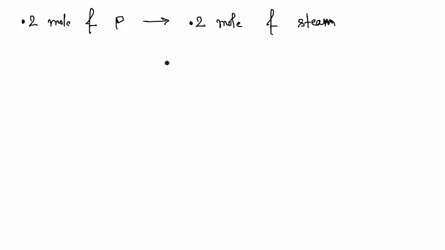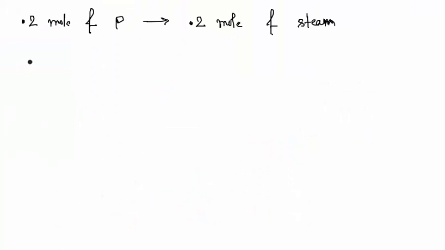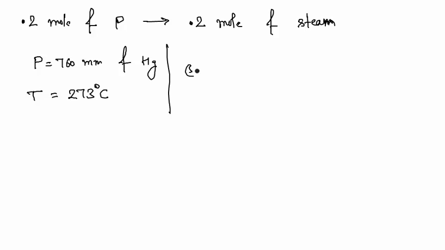All right, the volume of that steam produced is measured at this much pressure and this much temperature. This pressure is 760 mm of Hg, and the temperature is 273 degrees Celsius, and this was your earlier STP.